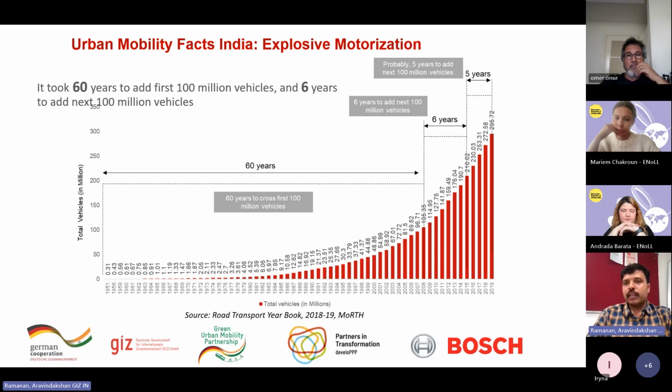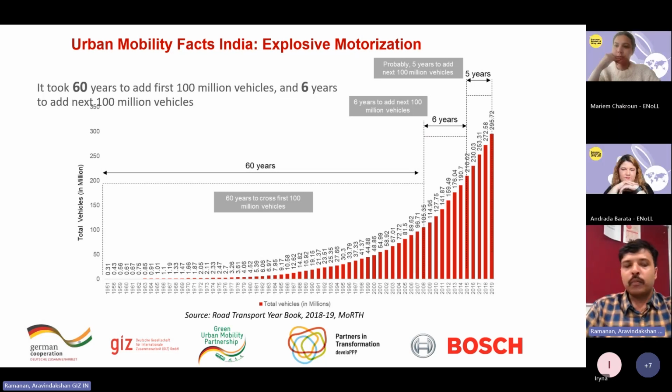There has been an exponential growth in the number of vehicles added in India. As you can see from this graph, it took only 6 years to add the next 100 million vehicles, while it took 60 years to add the first 100 million vehicles.